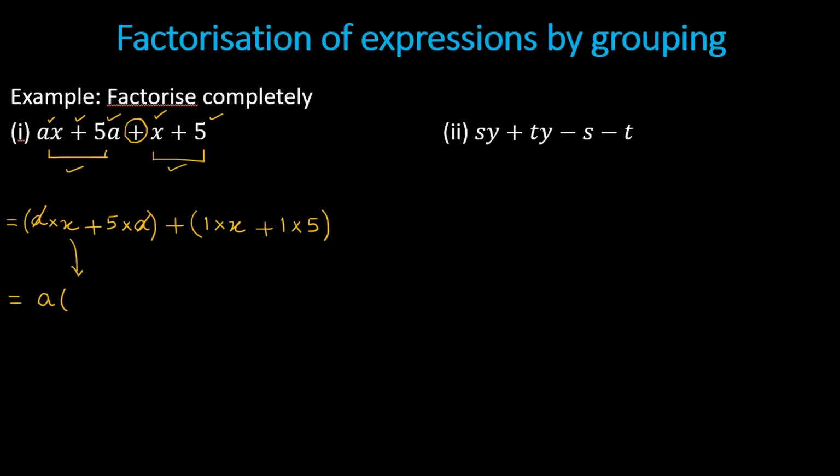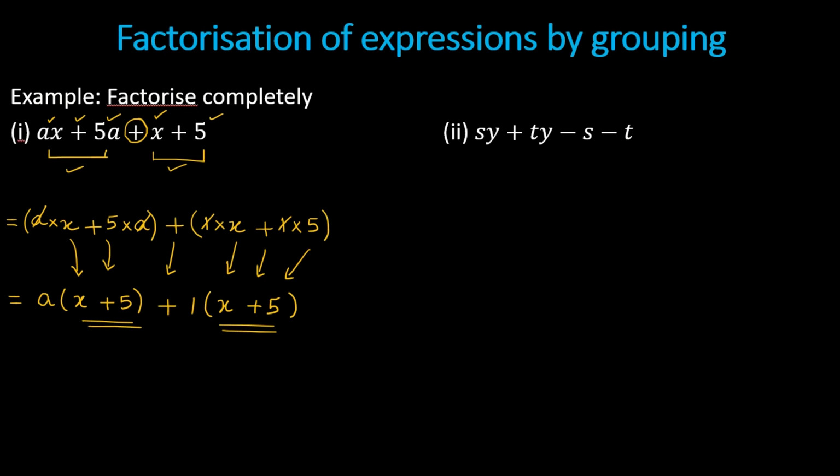We are left with x plus 5 inside the bracket. Okay, you insert your plus. Again we take out the common factor, which is 1 here, outside the brackets. We are left with x plus 5.